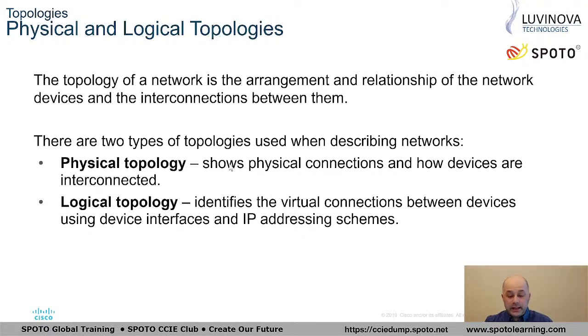Logical topology identifies the virtual connection between devices using device interfaces and their IP addresses. Or you can remember the schema which we saw early in the slides, which gives you the interfaces, the logical abbreviation of the interface. For example, for the router it was FA0, and the IP address of the entire network.